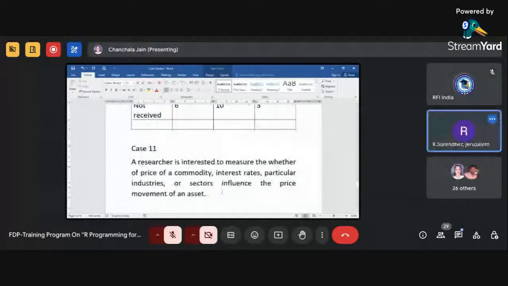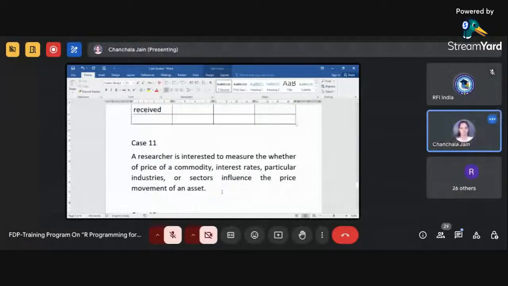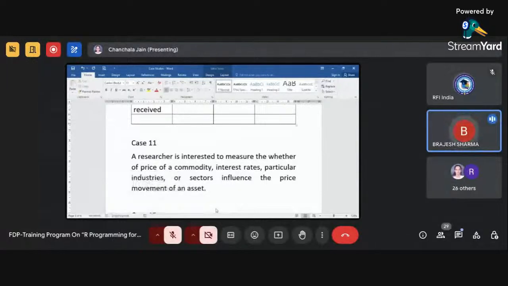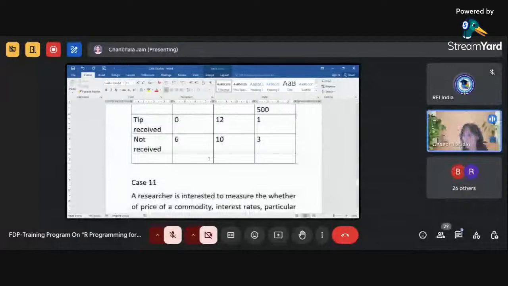Next situation. Ma'am, but we cannot use chi-square here. Each cell should have a value of at least 5 to test the chi-square statistic. Otherwise, we will move to a non-parametric test. That is an assumption regarding the expected frequency.